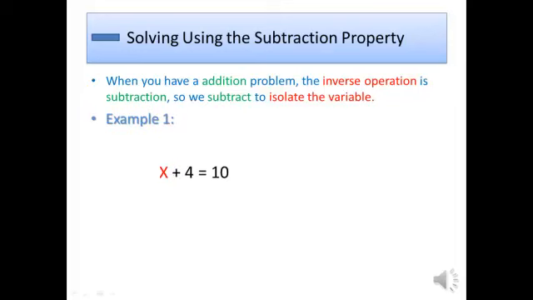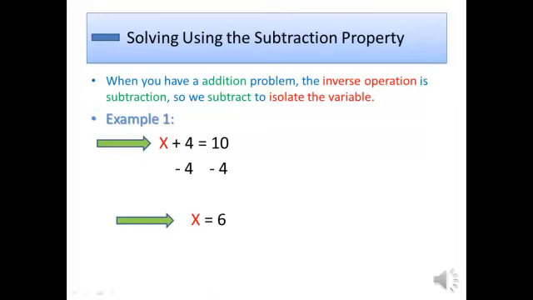Example number 1. x plus 4 equals 10. Since this is addition and subtraction is the opposite, we're going to subtract to solve for our variable. Our variable is x. We're adding 4, so we need to subtract 4. 10 subtract 4 is 6, so x equals 6.